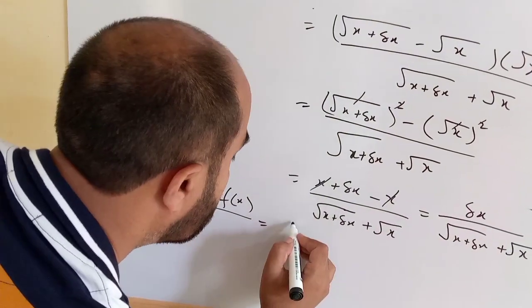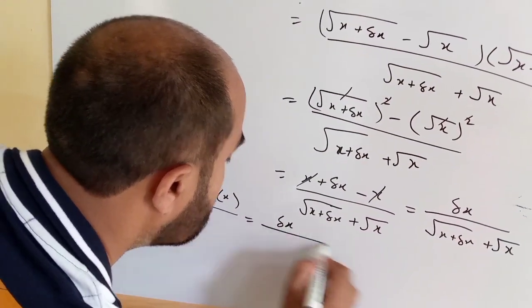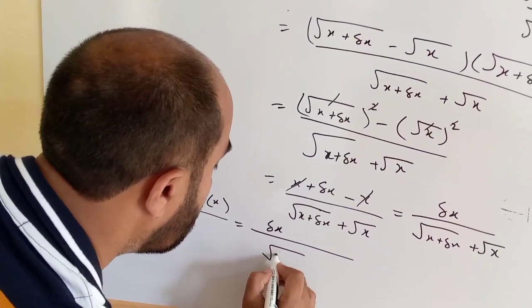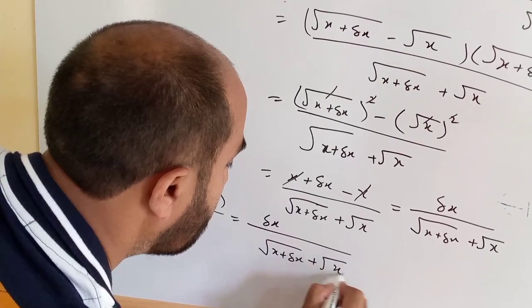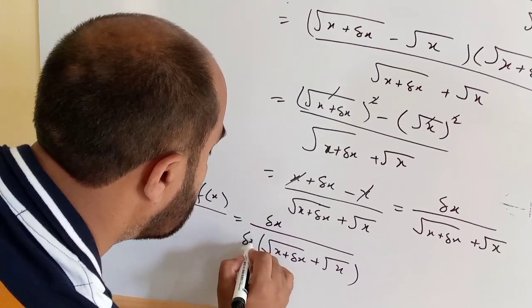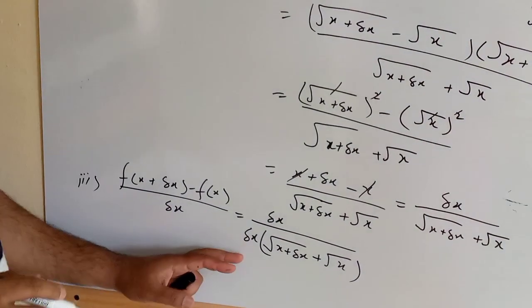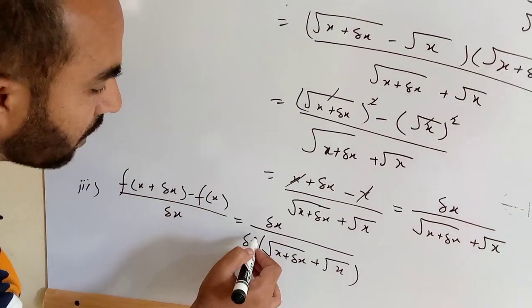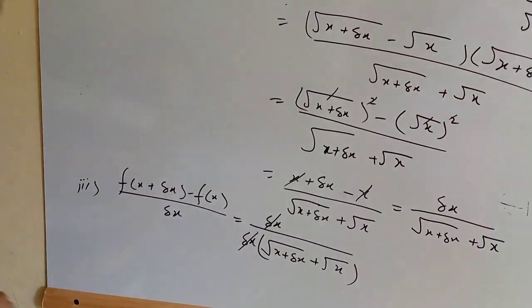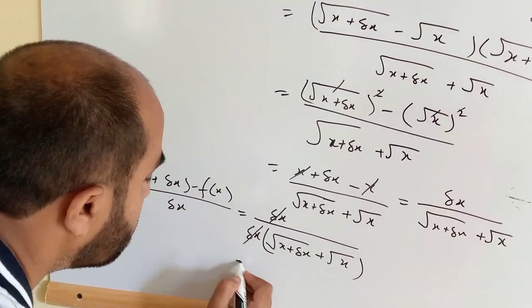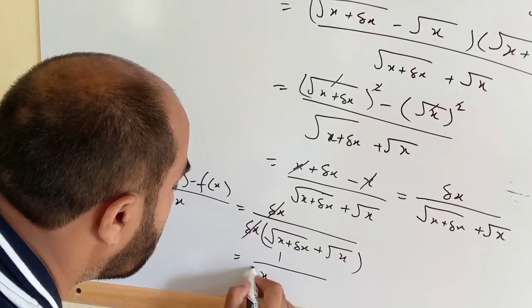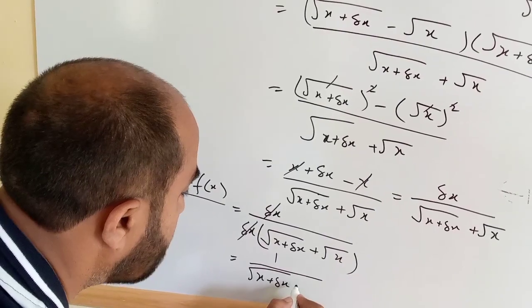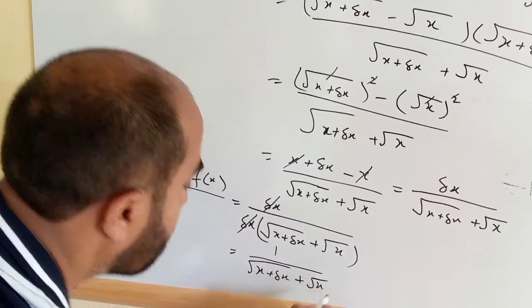So we can write delta x divided by square root of x plus delta x plus square root x, multiplied by 1 over delta x. You can see the delta x will be cancelled with delta x. What is left here is 1 over square root of x plus delta x plus square root x.